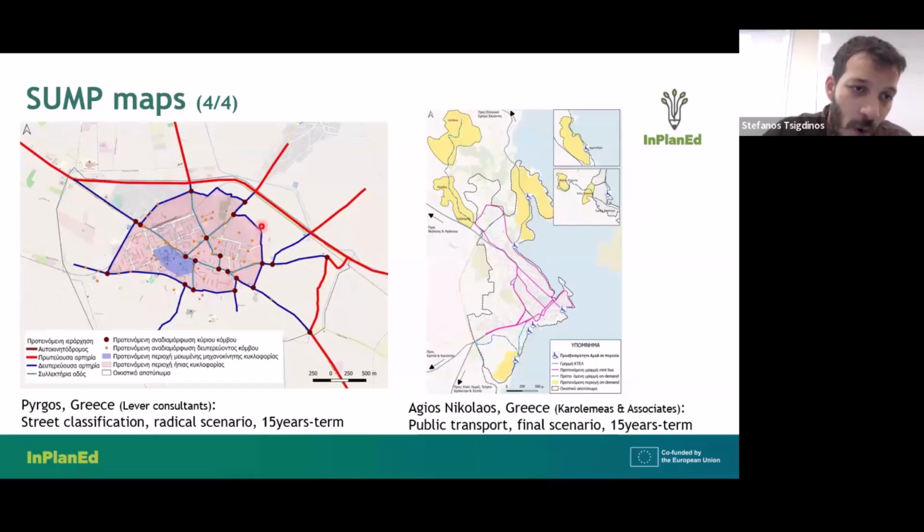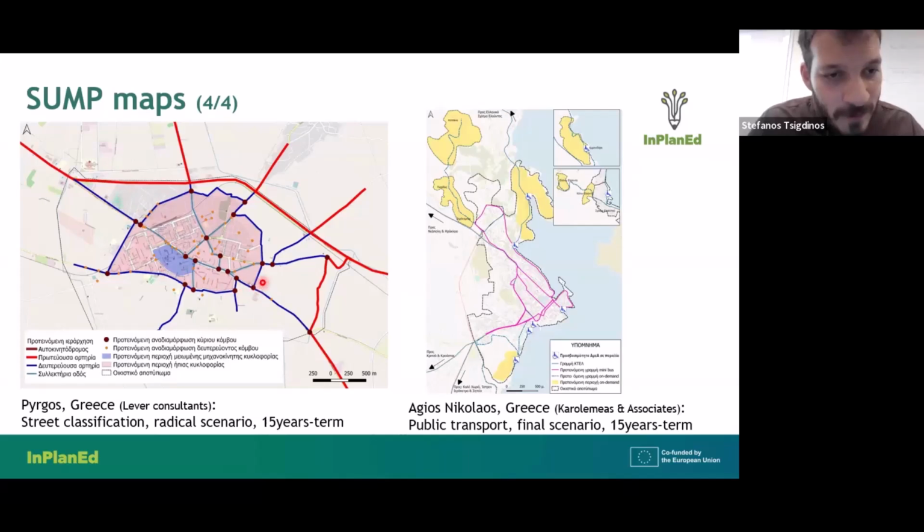Here, the city is all protected in a 15-year term, but maybe this could be an expansion of the city if we want that. If we really think it is warranted to expand the city, we can also see that our ring roads, with the blue and the most prominent ones with the red, also protect this area.